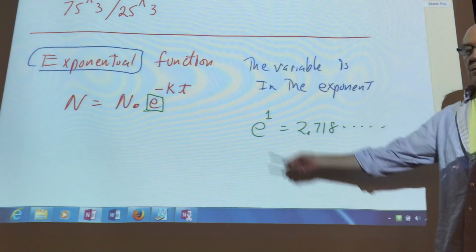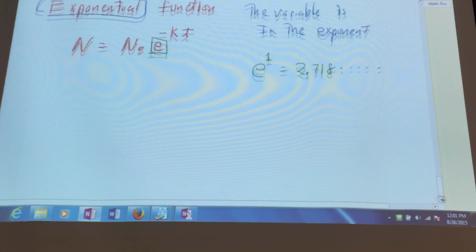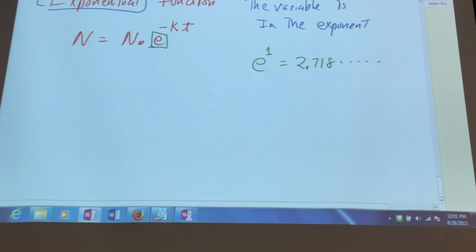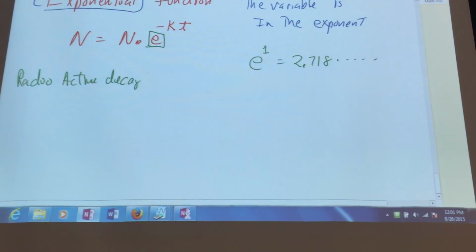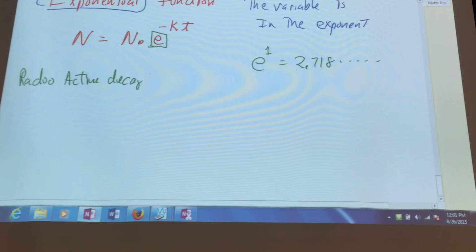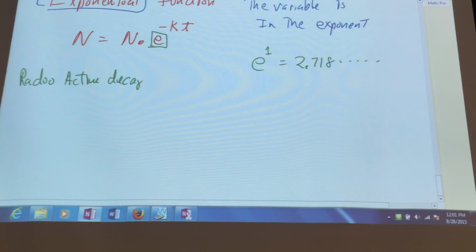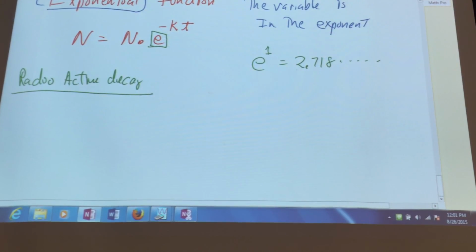Okay, this equation that we have here has two uses for us. It comes up in radioactive decay. And it also comes up in other things related to what you'll think of as an altogether different topic, but it has the same mathematical foundation.